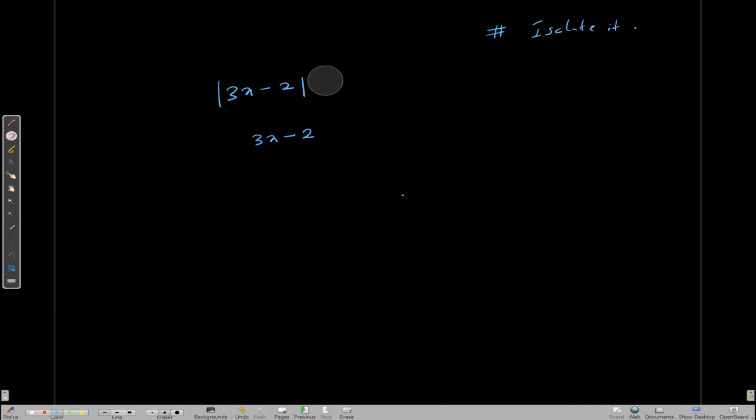What if you had negative 8 less than absolute value of 3x minus 2 minus 8 less than negative 1? In this case, first add 8 to both sides to isolate the absolute value.